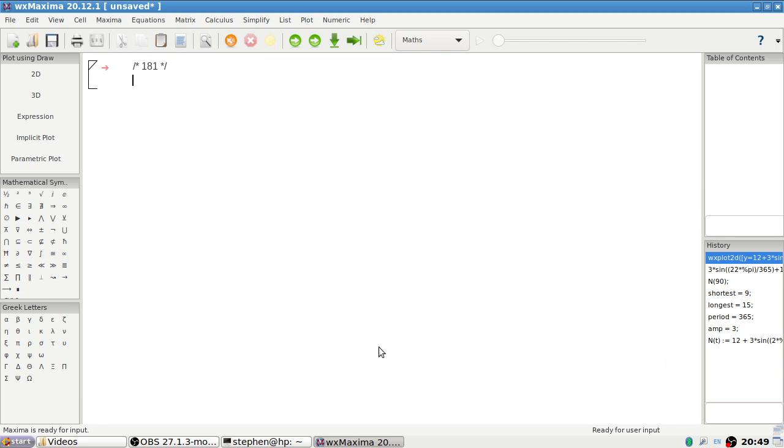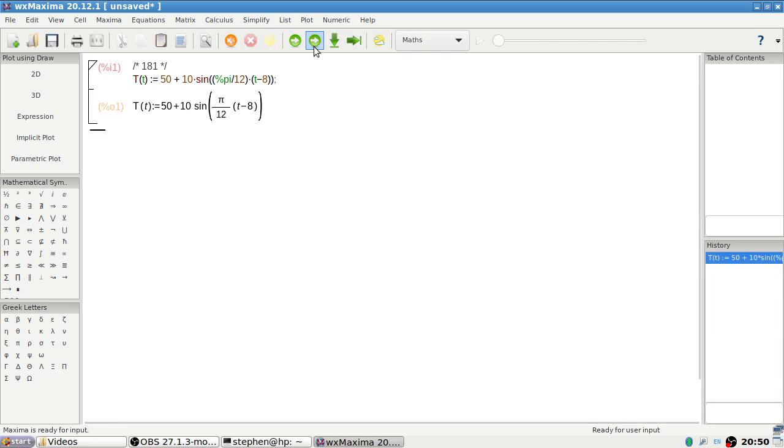Okay, so suppose t equals 50 plus 10 sine, and in the first bracket is pi over 12, and the second bracket is t minus 8. This is a mathematical model of the temperature in Fahrenheit at t hours after midnight.